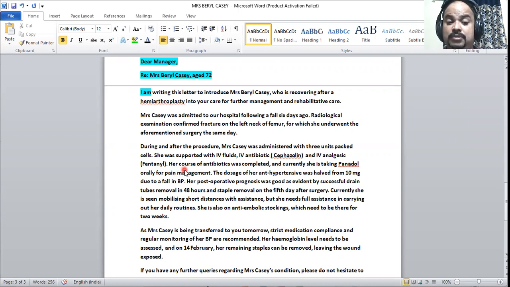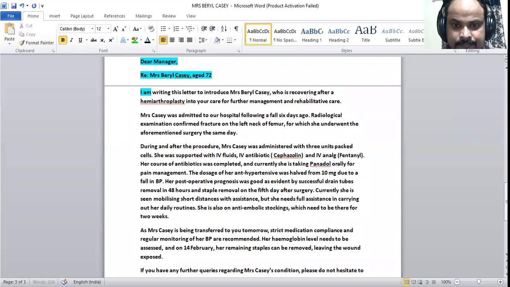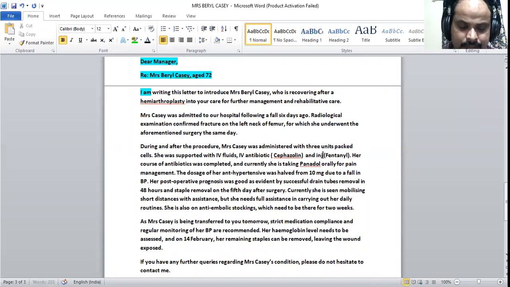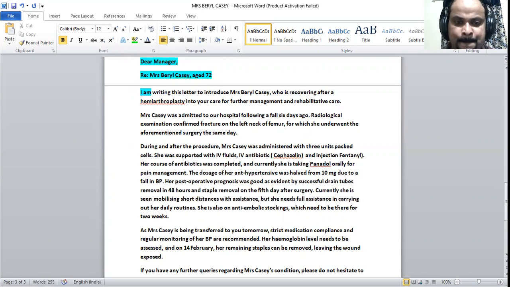Okay, so the one solution I can do here right now is that I just go with that IV analgesics. Injection fentanyl for pain.